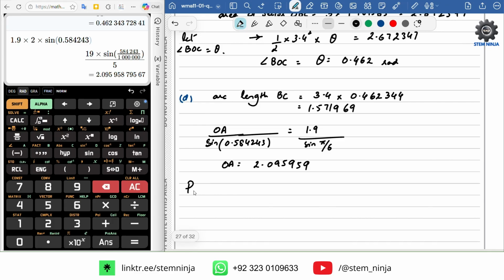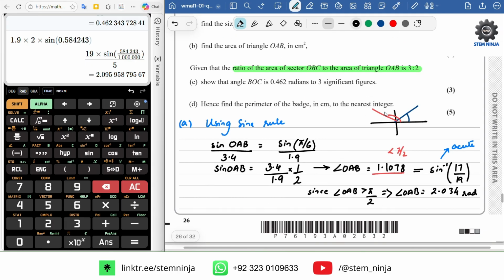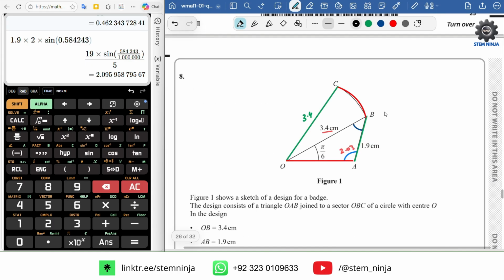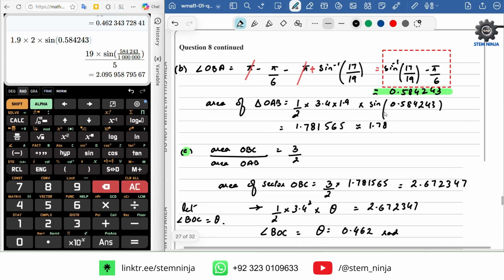Right. Okay. So hence the perimeter would be OA plus the arc length, 1.571969. We had 3.4 and 1.9.